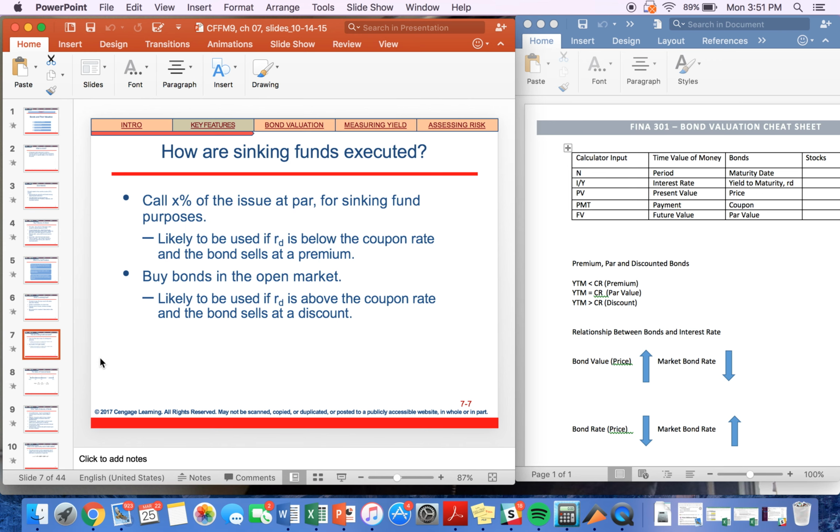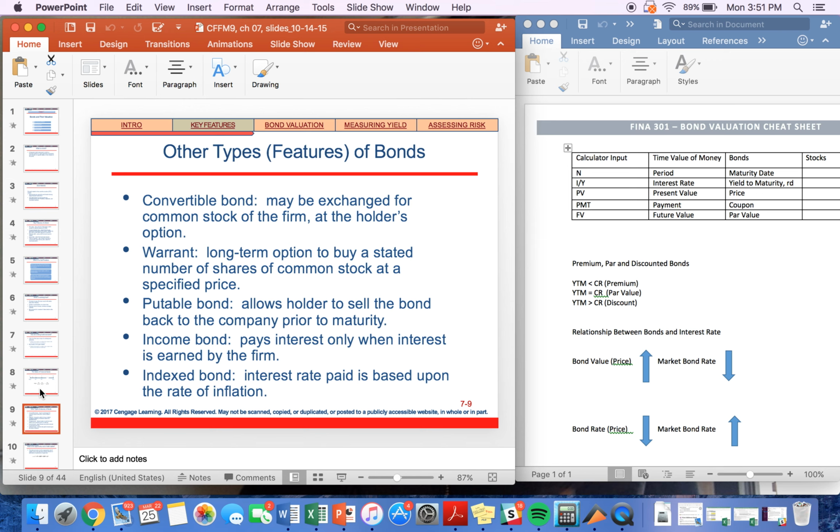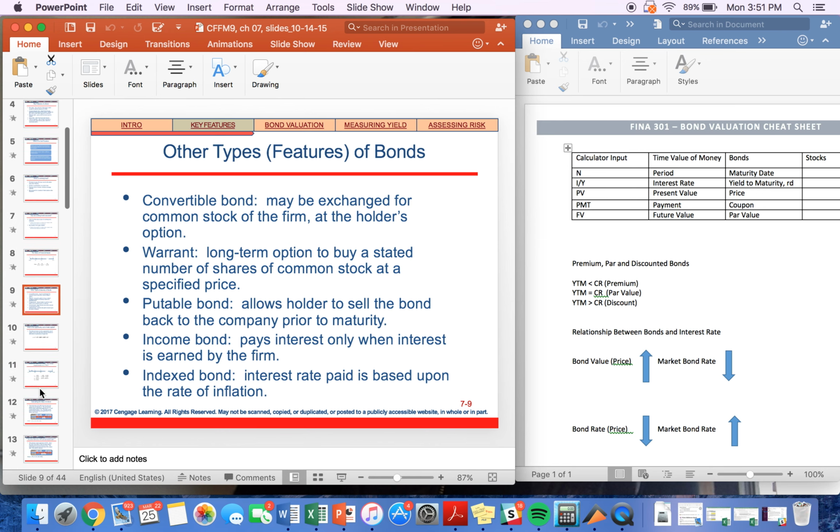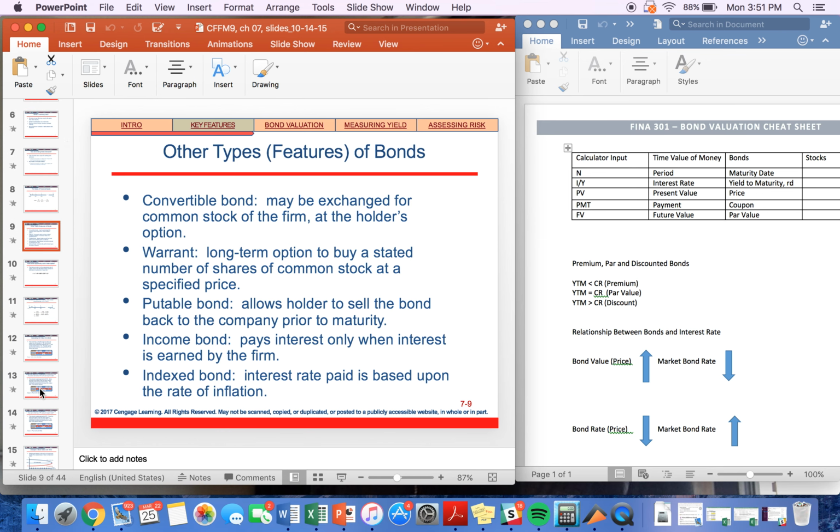And then your book goes into how sinking funds are executed. I'll let you read a little bit more on that as I want to get into some of the other types of bonds and how to calculate them. So I'll also let you go through your book to read about all the different types of bonds, but a couple that we highlight here. We have a convertible bond, so that may be exchanged for common stock of the firm at the holder's option.